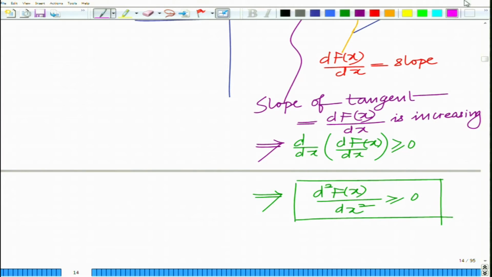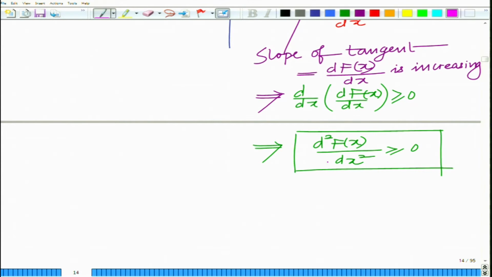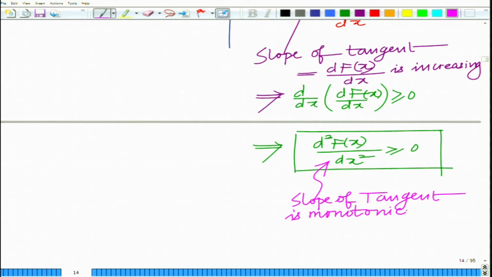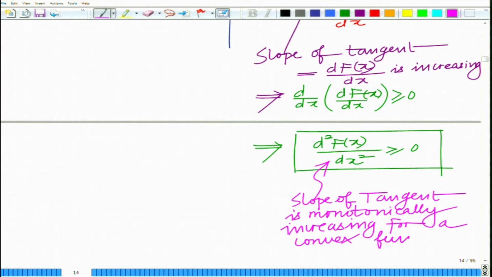This is basically nothing but the condition that the slope or the derivative is constantly increasing. Slope of tangent is monotonically increasing for a convex function.